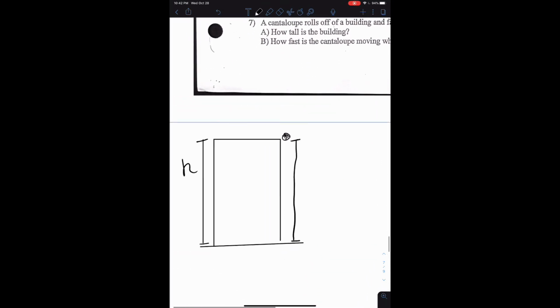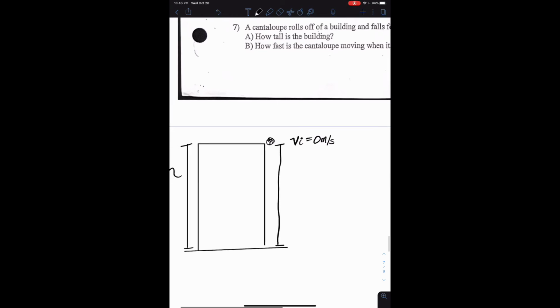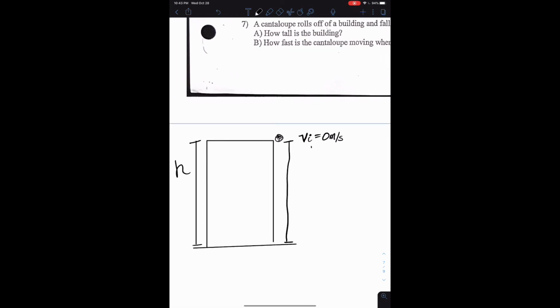So because the orange is dropped, we know that its initial velocity is rest, or 0, right? It's going to start at 0 meters per second. Because the orange is dropped also on the planet Earth, we know what its acceleration is. Its acceleration is going to equal g, which actually it's going to be negative g, right? Because it's pointed downwards.